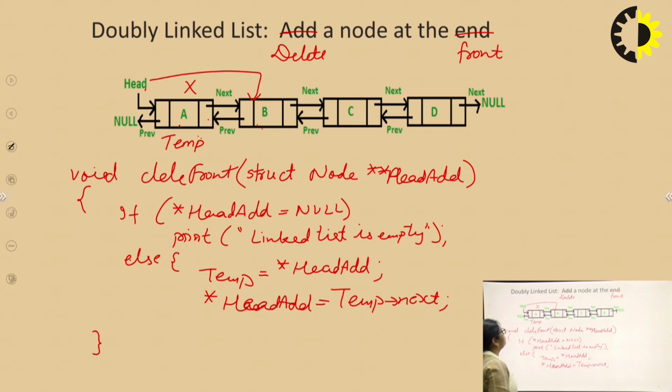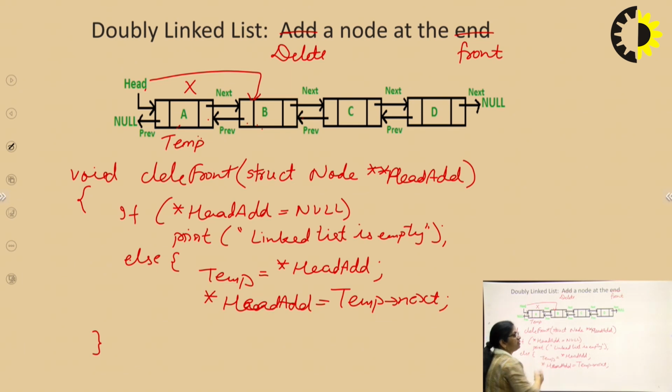Now, as head is pointing to this and this is pointing next to next and so on, the linked list is okay, but only one thing is left. The first node will be deleted, so B will become the first node, and head is containing its address. What is the identification of the first node?